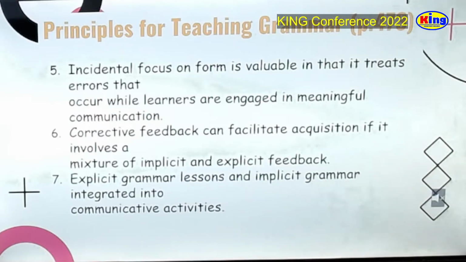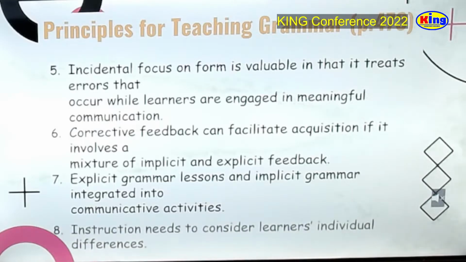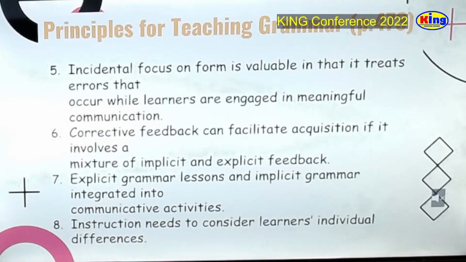And the seventh one is explicit grammar lessons and implicit grammar integrated with communicative activities. And then the last one is that instruction needs to consider learners' individual differences. You have to know about your individual learners too.